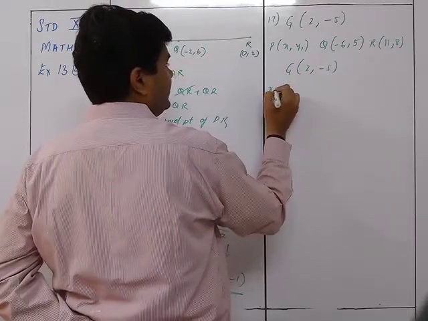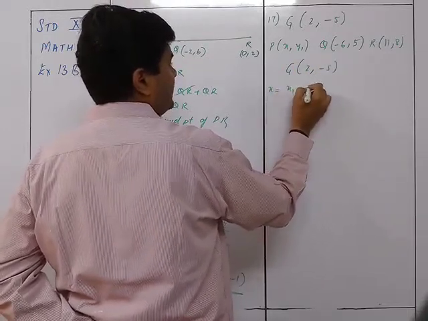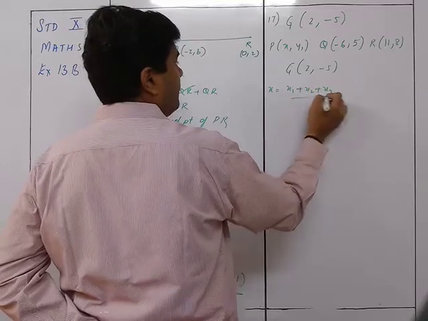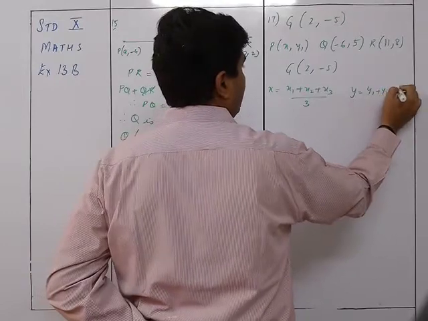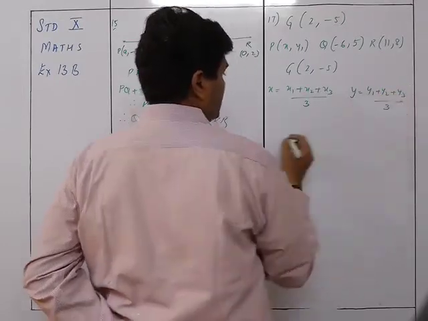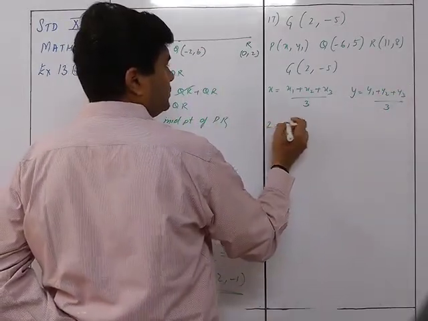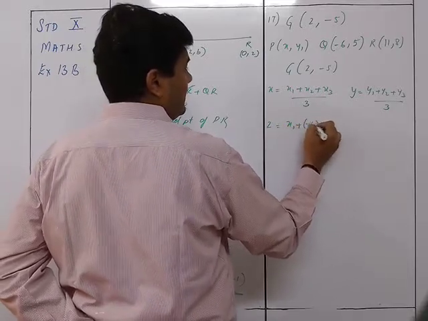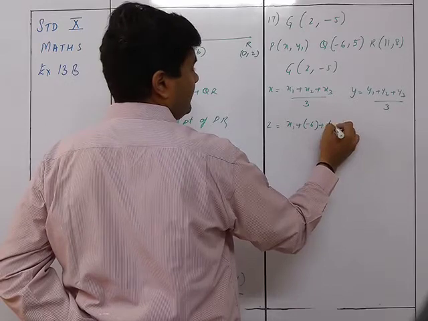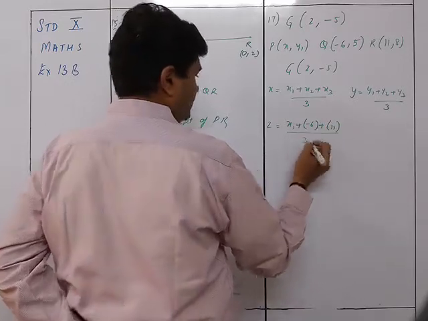So we have x is equal to x1 plus x2 plus x3 upon 3, and y is equal to y1 plus y2 plus y3 upon 3. So this gives me 2 is equal to x1 plus x2, which is minus 6 plus 11, upon 3.